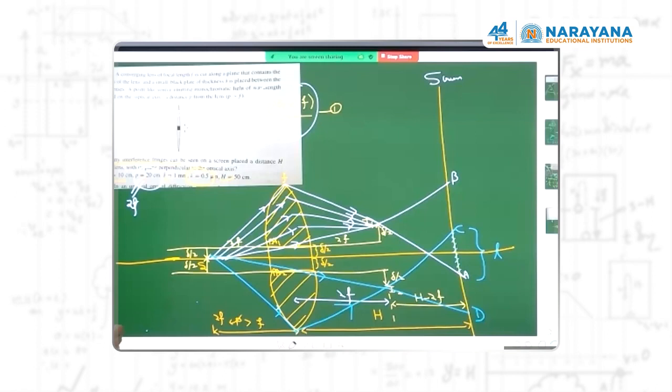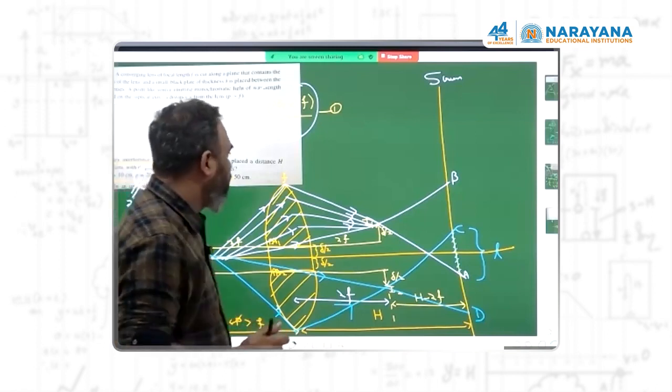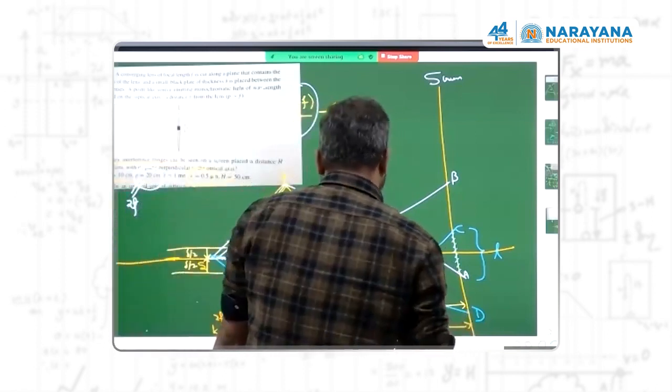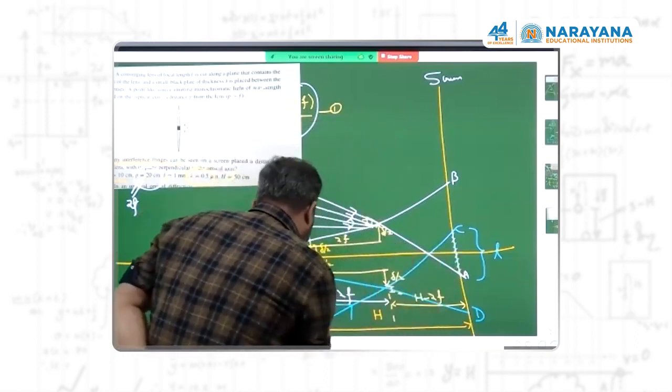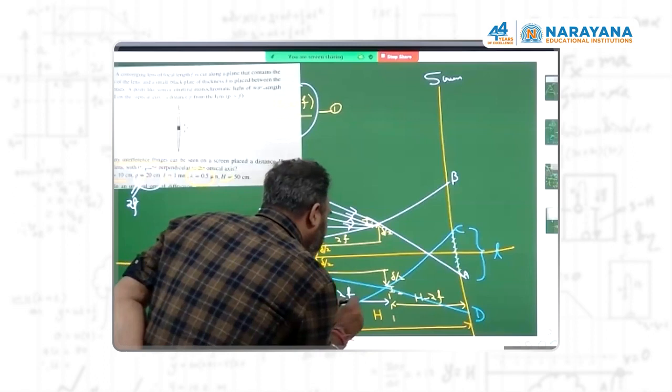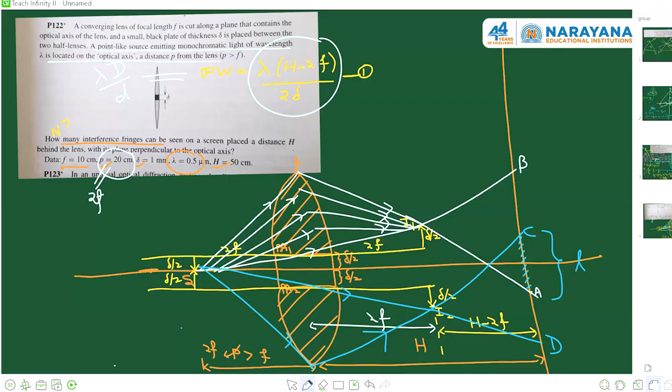Because one thing we need to understand here, the fact that this ray which is coming from this point hits it here and intersects here and goes up. Now remember one thing, this diagram I have drawn, assuming case 1, there are few possibilities I need to observe in this question. Because I haven't looked upon the data yet.